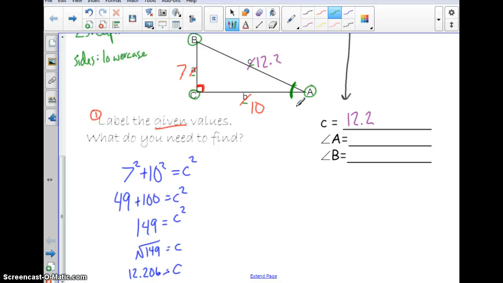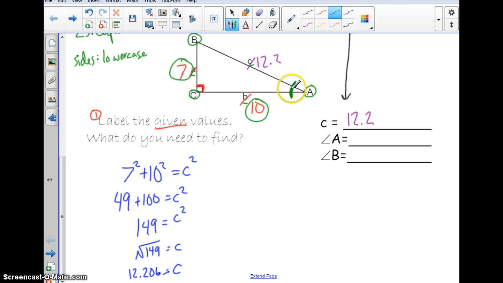And what I don't know exactly is side C. I know it's approximately 12.2, but I don't know what it is exactly, and so I don't want to use that rounded answer. I could use square root of 149 because I know that's exact, but I don't want to use 12.2, because if I use a rounded answer to find my next answer, chances are my rounding will be off a little bit. So instead, I really want to use 7 and 10.